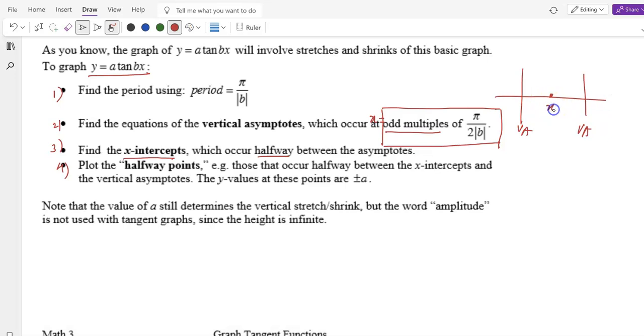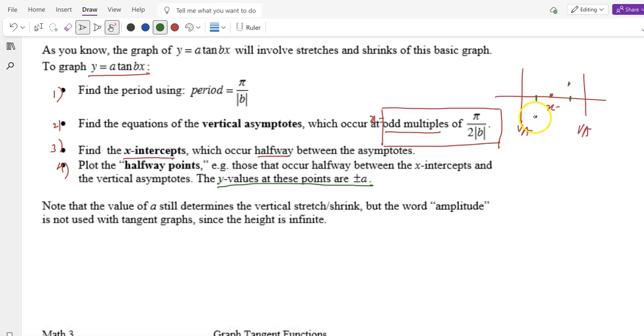Then find the halfway points between the x-intercept and the asymptotes. The y values at these points will be plus or minus a, depending on the side.